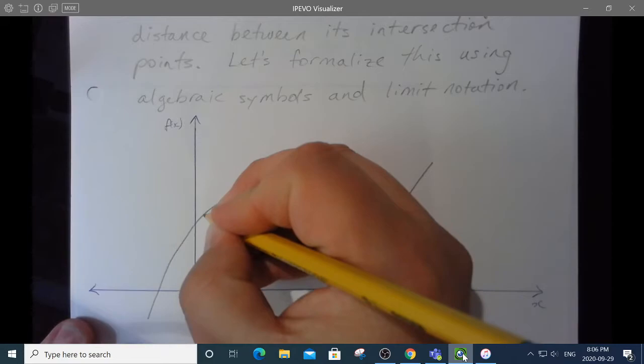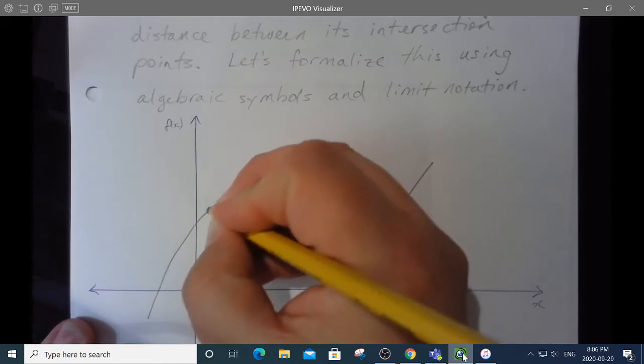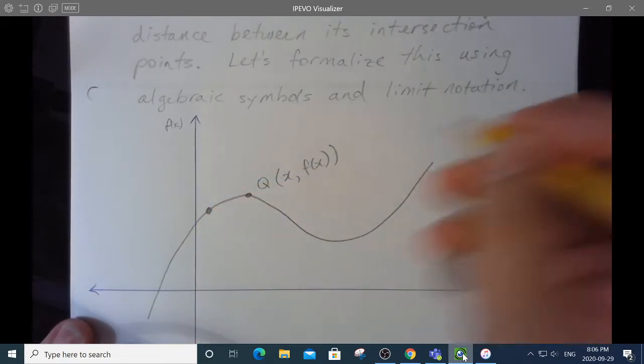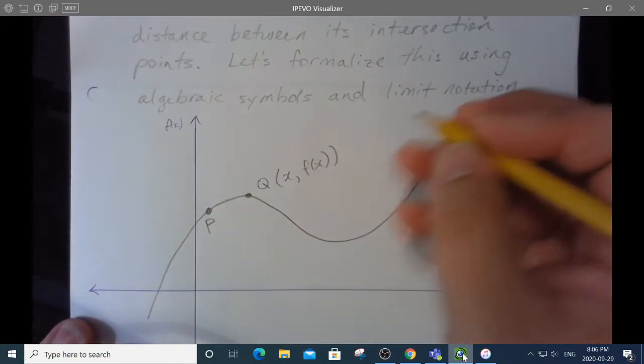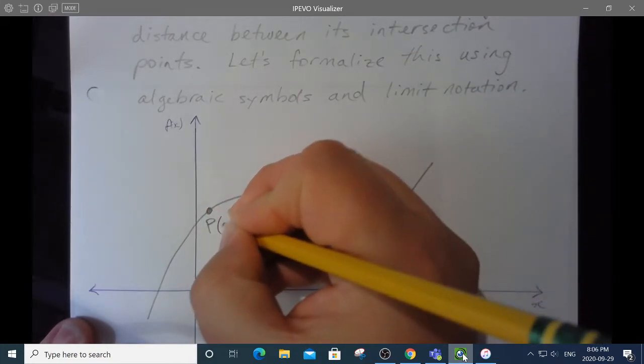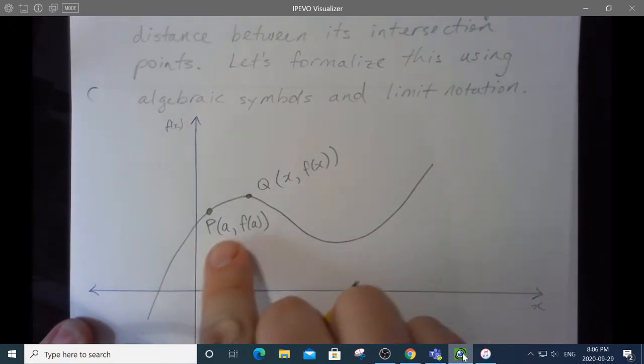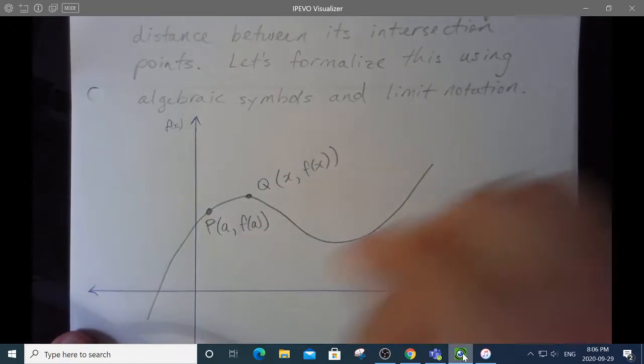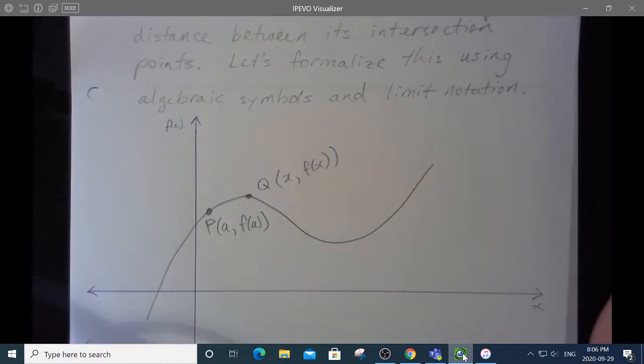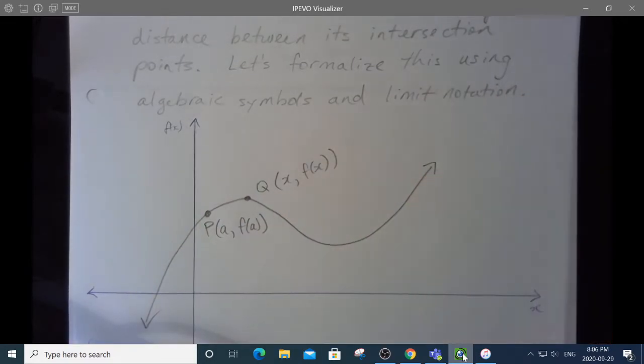And I'm going to call this point here that I was dragging closer to it point P. It's got coordinates a and f of a, two numbers where a I could just plug into whatever formula makes that, and it actually is a cubic curve if you really want to know.